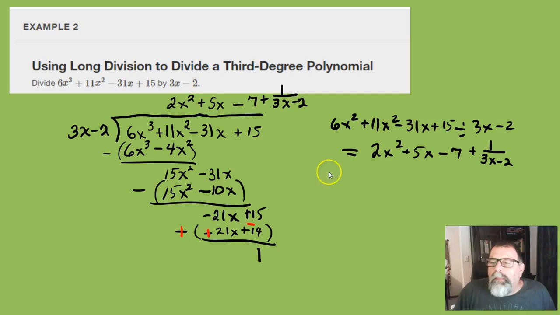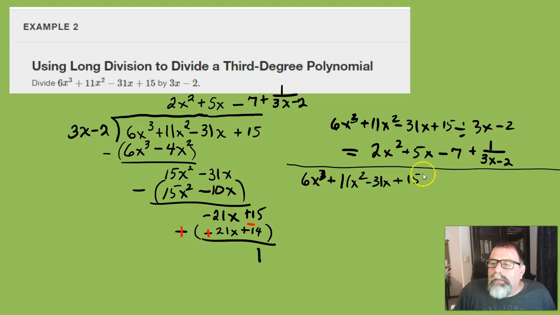Okay. And then again, if I want to do the division algorithm, it's going to be the original function, the dividend. Oh, that should have been a cubed. 6x cubed plus 11x squared minus 31x plus 15 equals the divisor, 3x minus 2, times the quotient, which is 2x squared plus 5x minus 7, plus the remainder, like that.